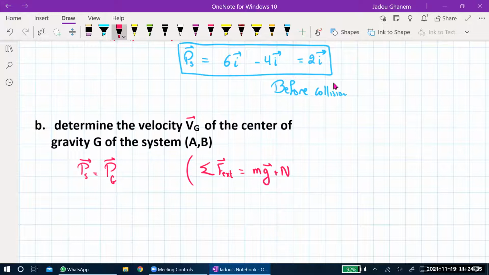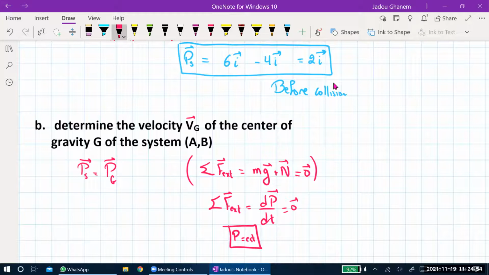If we are talking about particle A, for example, the sum of these forces will be 0. Then sum of F external equals dp by dt, which equals 0. Then P, as a vector, is constant.